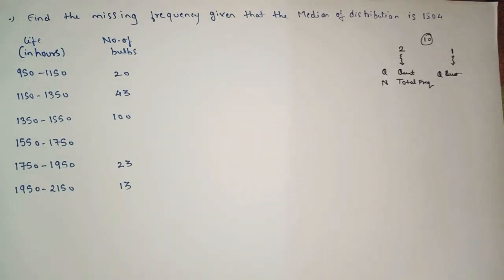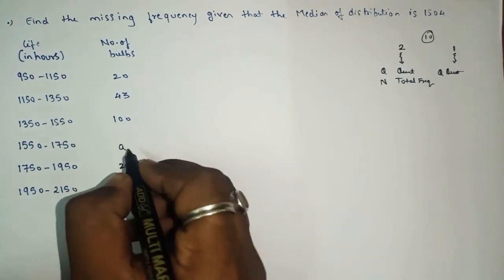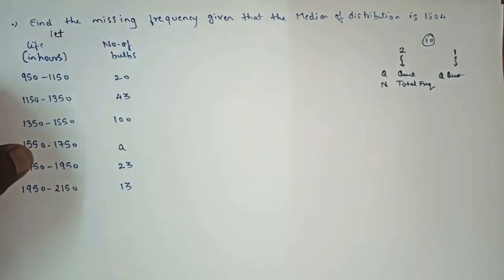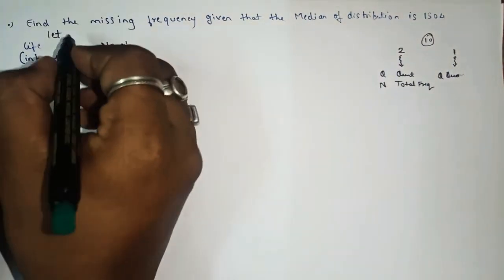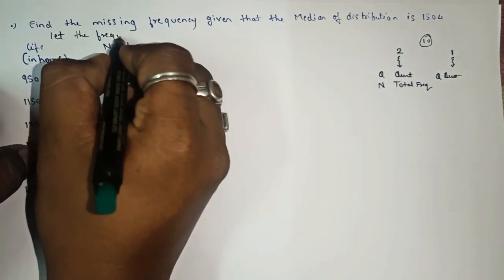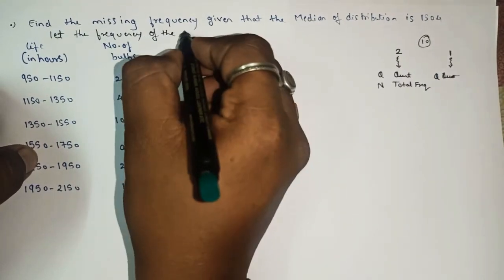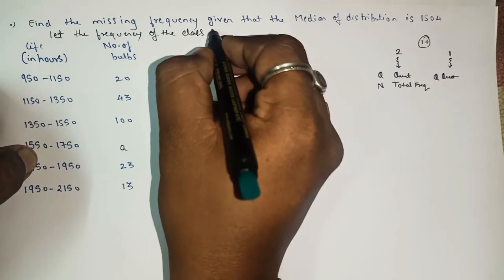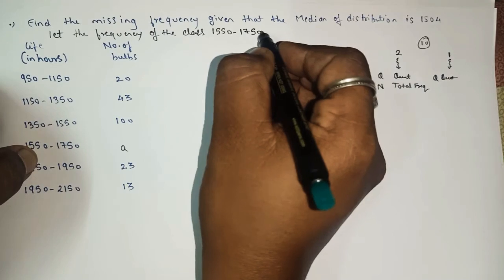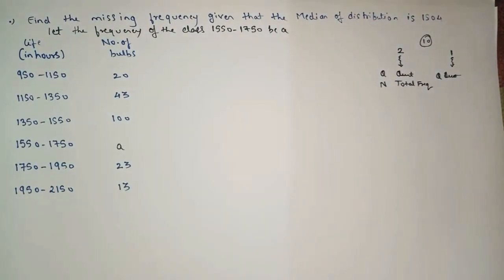Let the frequency of the class 1550 to 1750 be A. So here we took A.